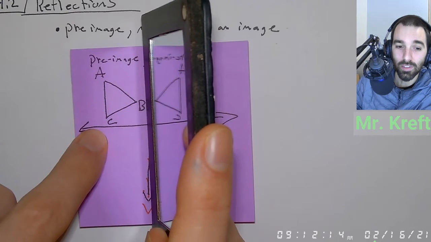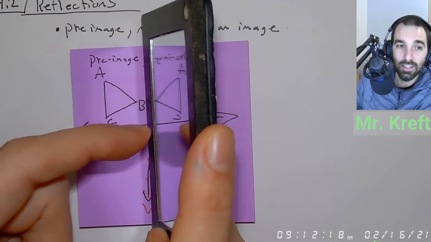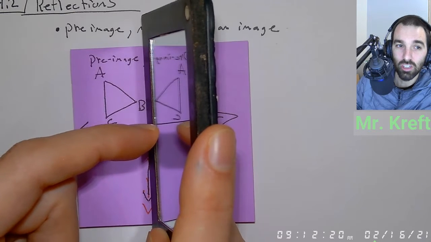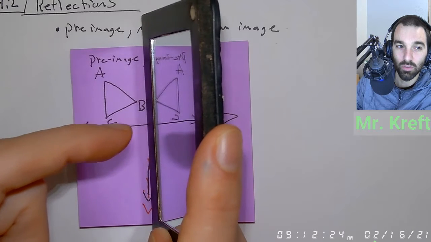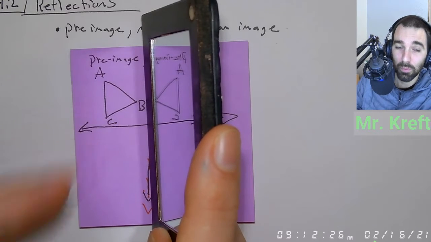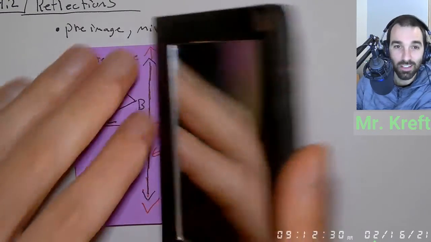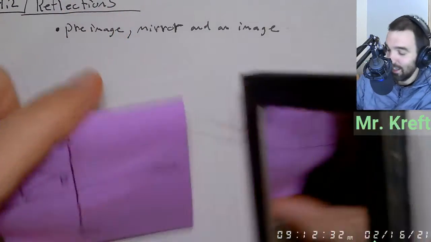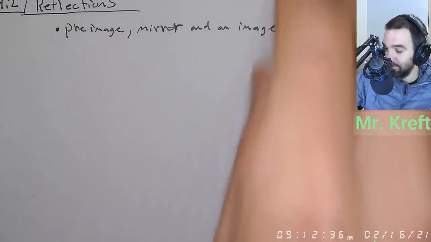A and C are equidistant to the mirror. So the idea is as my pre-image gets closer to the mirror, my image gets closer, and as my pre-image gets further away, my image gets further away. I just wanted to demonstrate that. I know it's not as exciting as it is in person.